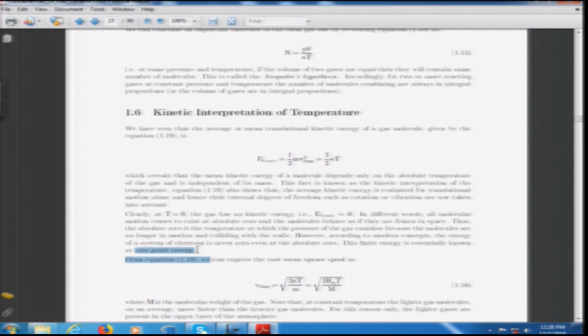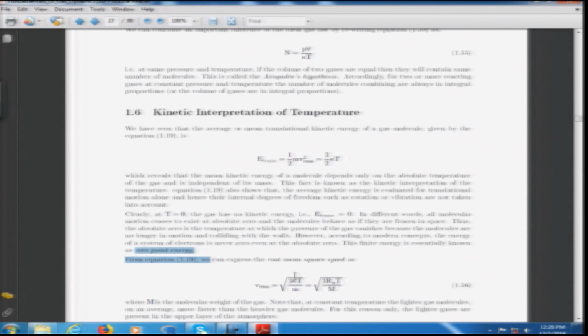Again, rewriting the expression of root mean square speed, one more observation we can make here is that Vrms is equal to the square root of 3 kappa T upon m, where m is the mass of the gas, which can again be written as m by Rw.